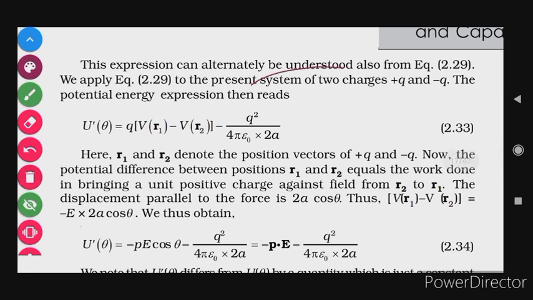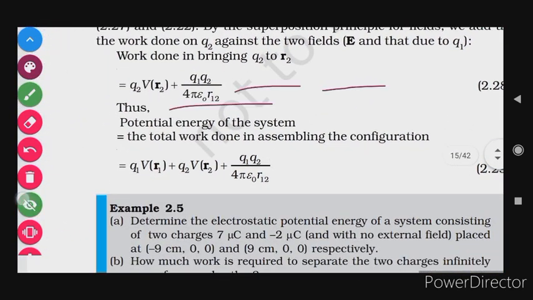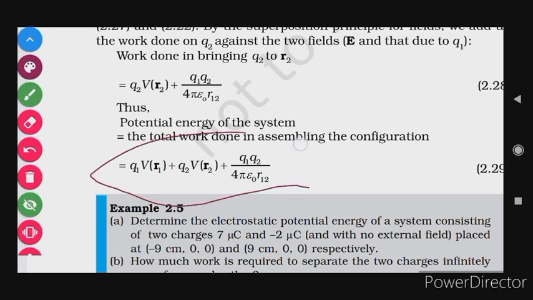This expression can alternatively be understood from equation 2.29, and we'll try to explain it from the discussion we had in the previous video. We apply equation 2.29 to the present system of two charges. The potential energy expression then reads as follows. If you remember, in the previous video we discussed the potential energy of a system of two charges in an electric field. Our first charge we are taking as positive, q, and the second charge as negative, the charges of the dipole.